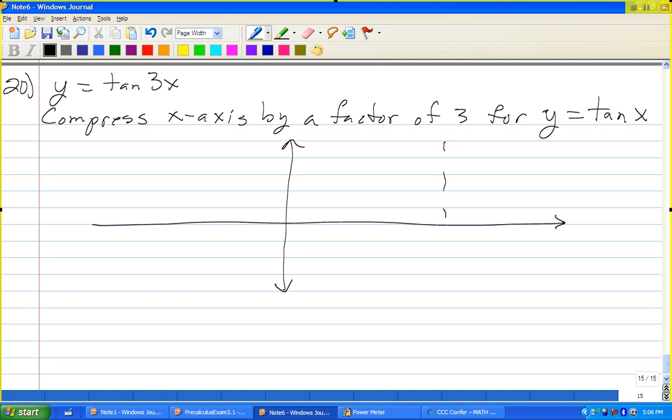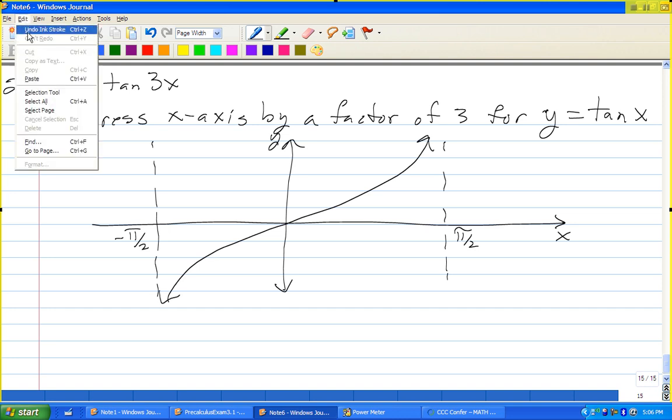And let's just do one cycle. I'm just going to do one cycle. Pi over 2, minus pi over 2. Okay. And so sine, well, I'm sort of exaggerating.